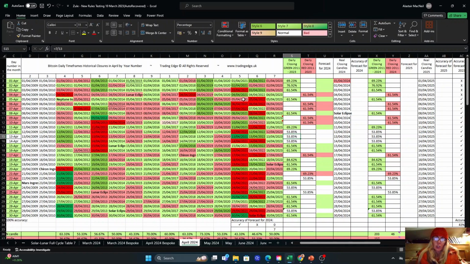These are historical averages across all years. And what happened today, for example, is that we're closing on a red candle on the 1st of April, and we have a 69% historical occurrence of a green candle, which is a very significant percentage.